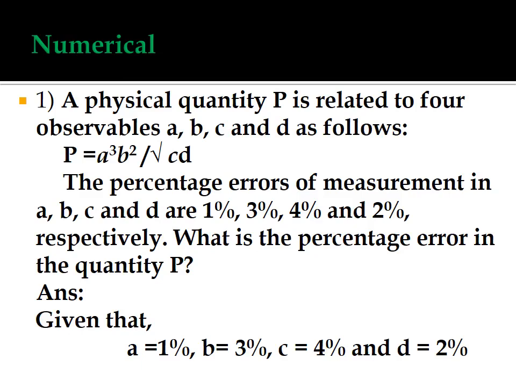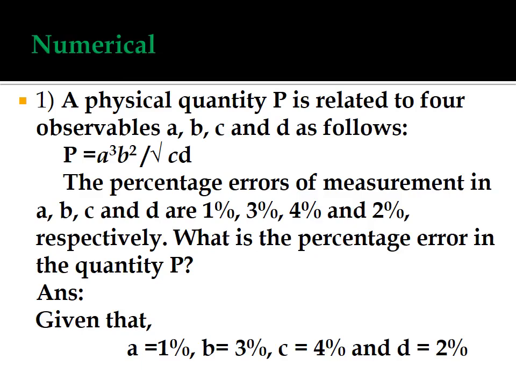Let me start. Question number 1 is, a physical quantity P is related to four observables A, B, C and D as follows.